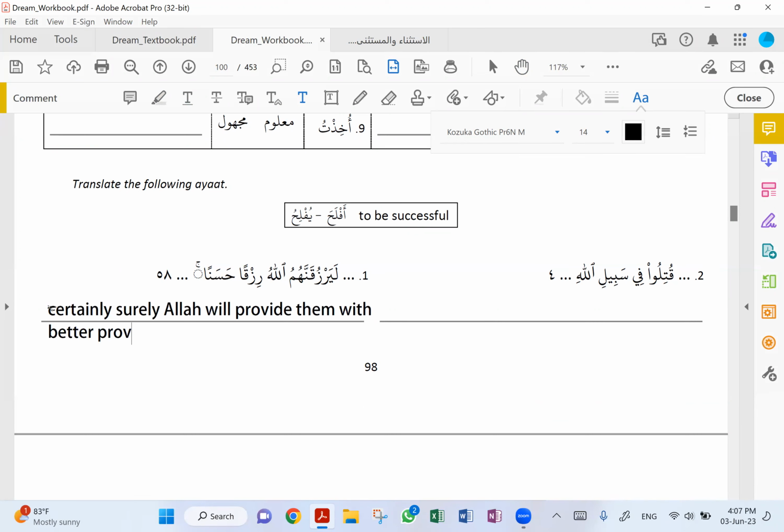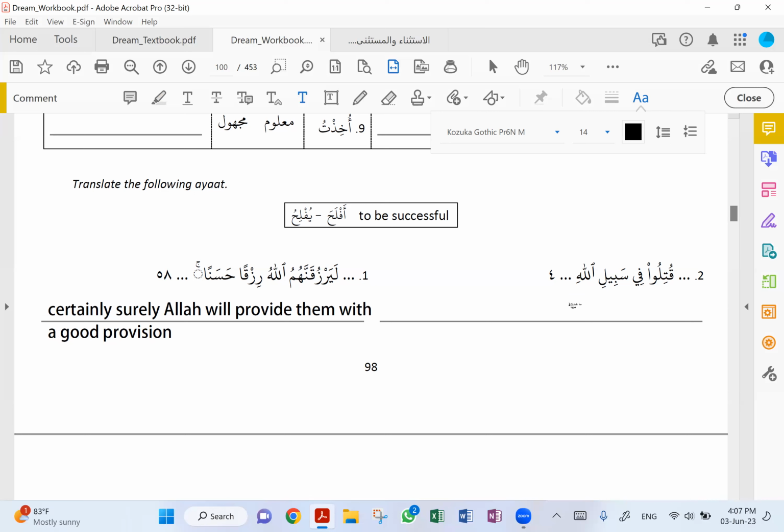I think either way can work. The better could be Ahsana, right? It's comparative. So Hasanan already means better. We can just make it simple and say with a good provision. Let's just go that way.